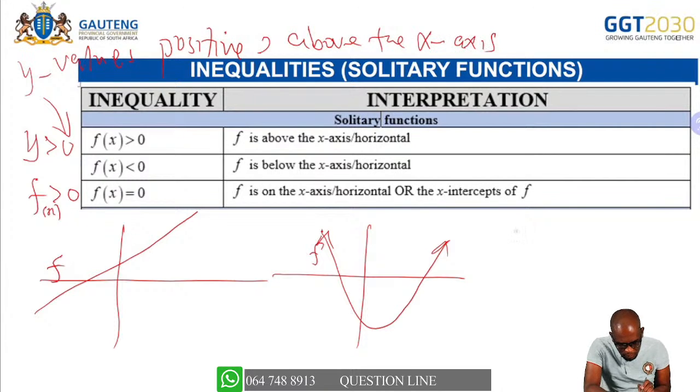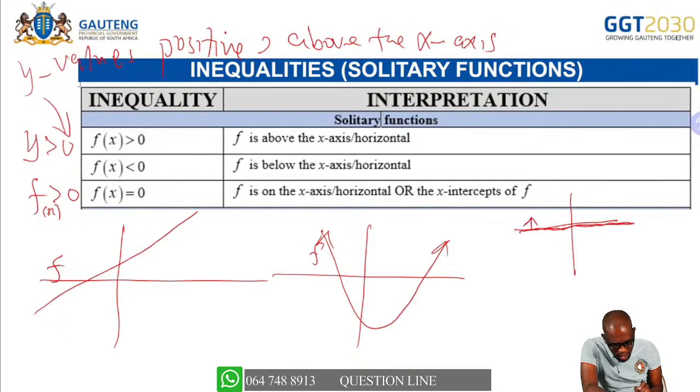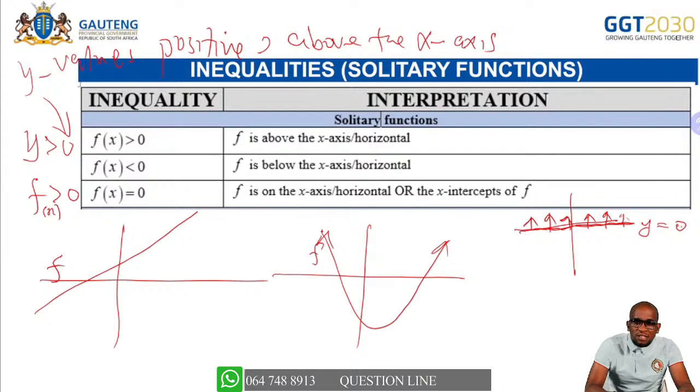If you draw your Cartesian plane here, if this is the x-axis, any y value above this line, above the line y equals 0, because the x-axis is the line y equals 0, so above this line, you get to find positive y values.